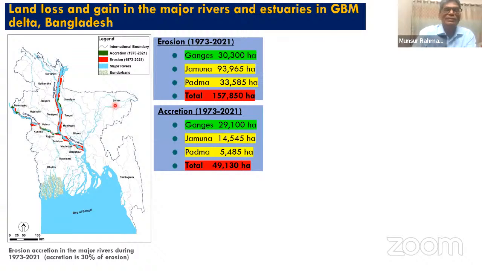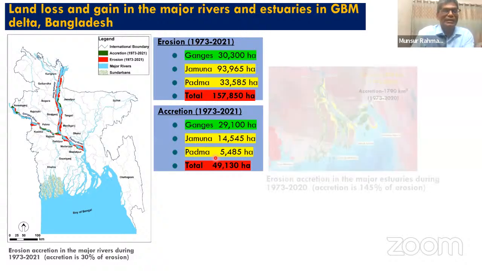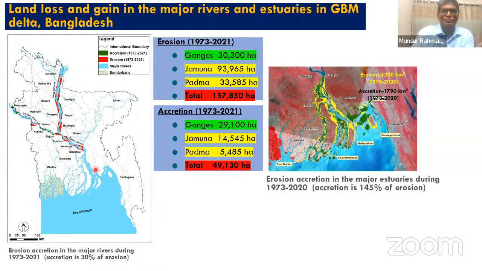In the Ganges system, land loss and land gain are almost in equilibrium. But in the Jamuna, we are receiving only 15% of the land that we are losing. The similar thing is also true for the Padma. So in total, we are losing land from the river system.